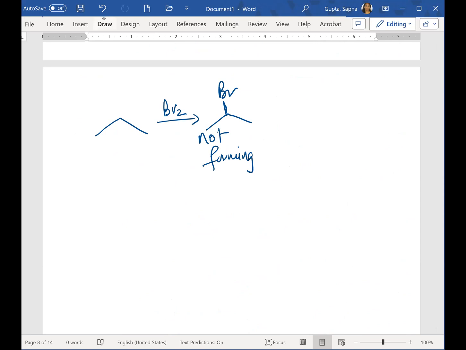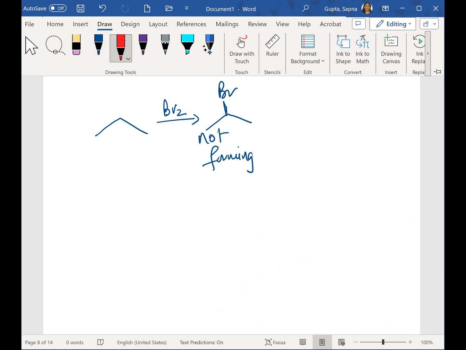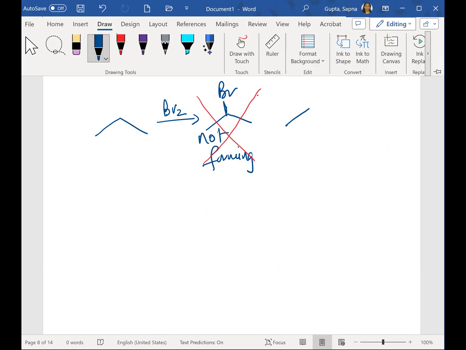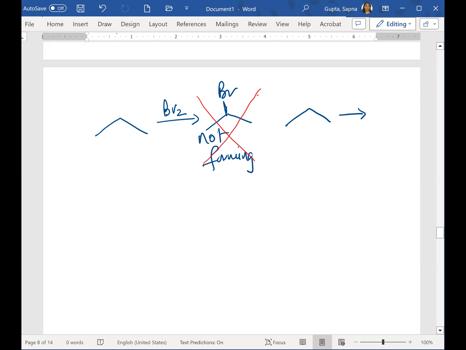But with free radical, you can do this. If you had Br2 with light, or we sometimes write peroxides, those are the conditions you might see there. Then you will see substitution.